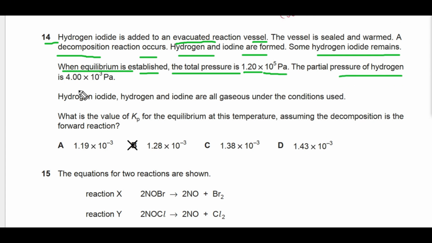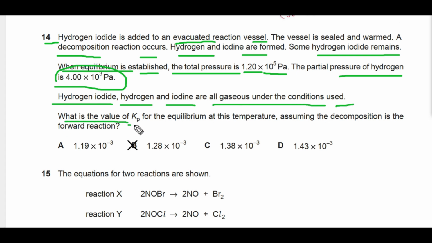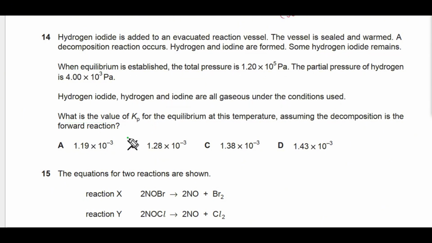The partial pressure of hydrogen is given as 4 times 10 to the power 3 Pascal. Hydrogen iodide, hydrogen and iodine are all gases under the conditions used. What is the value of Kp for the equilibrium at this temperature? Assuming the decomposition is the forward reaction, the answer will be B, 1.28 times 10 to the power minus 3.